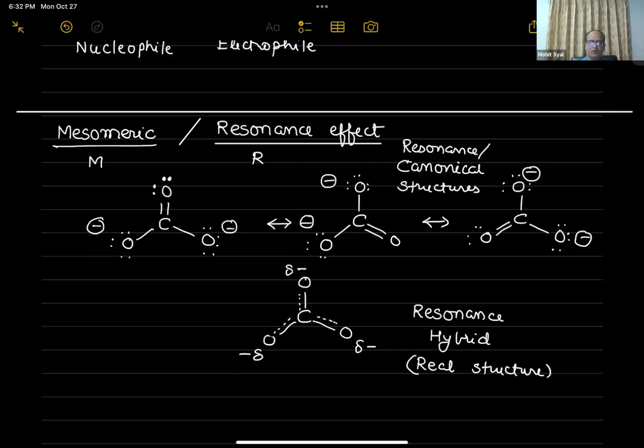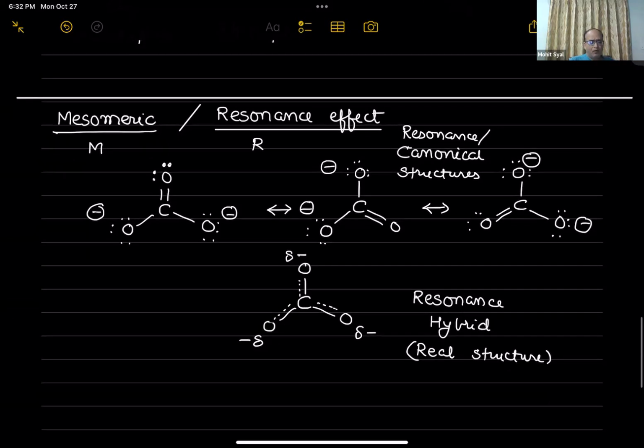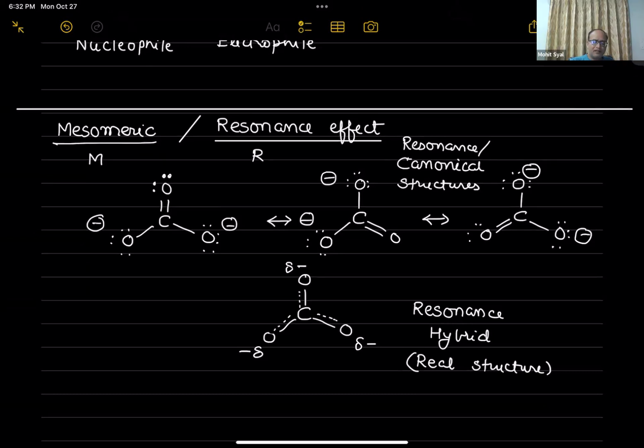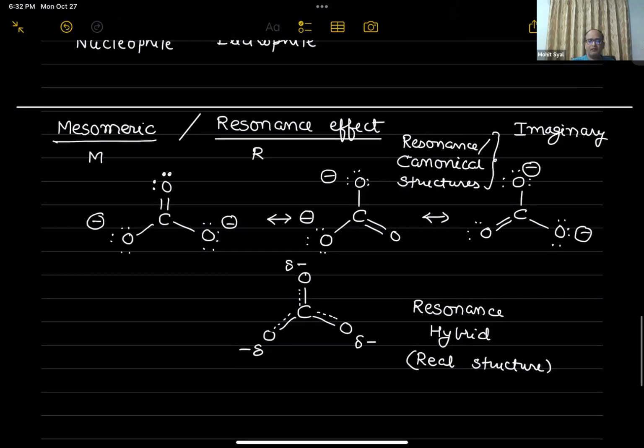Yes. Okay. So whenever you have more than one structure, the actual structure is the hybrid of all those structures, the average structure of all those structures. These resonance and canonical structures are imaginary. And the molecule has formed a hybrid structure. Why has it formed a hybrid structure?